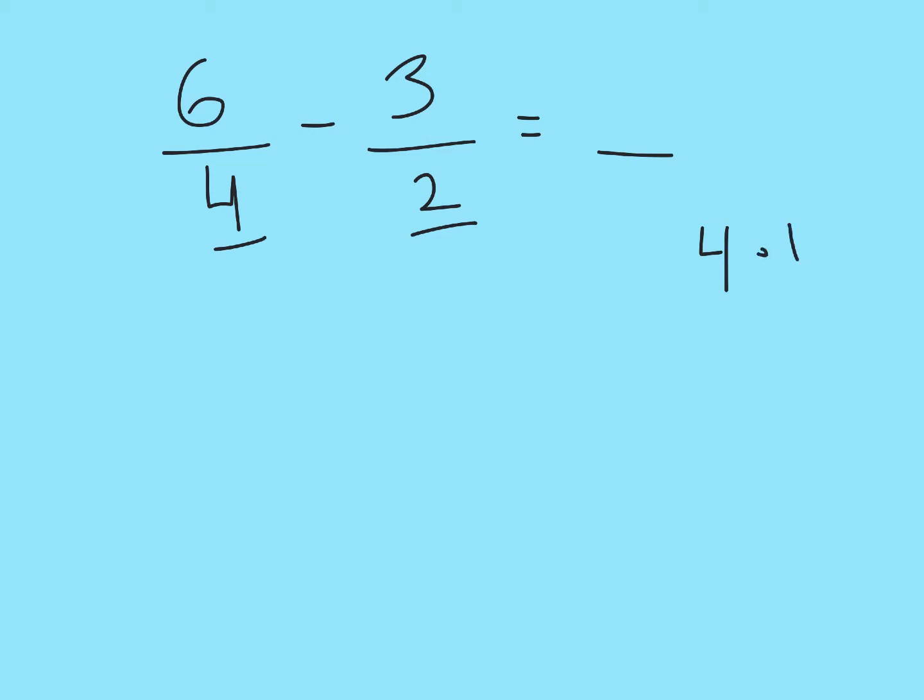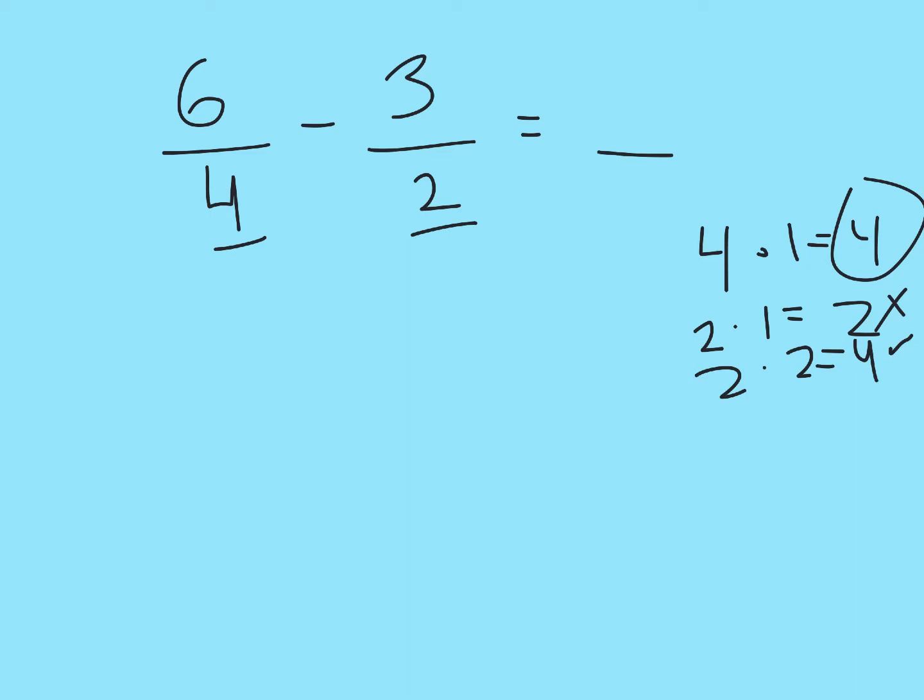So 4 times 1 equals 4. Now let's look at the 2. 2 times 1 equals 2, so that's not it. I need to find a 4. So 2 times 2 equals 4. So I can use this one.